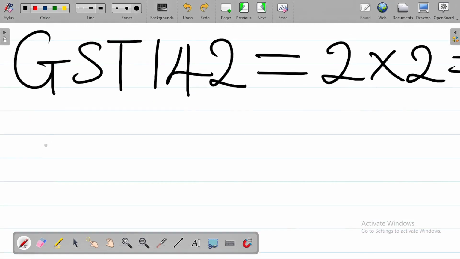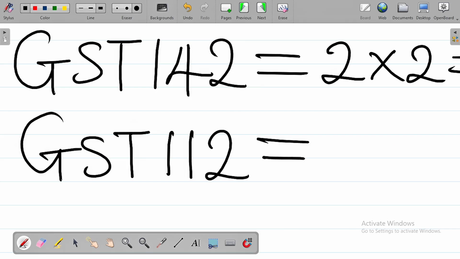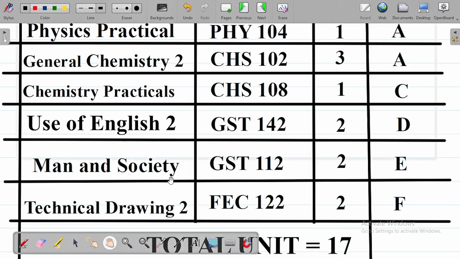All right, let's consider the next course, which is GST 112. Let's confirm the point and unit. GST 112 is Man and Society, and it is a 2-unit course, and the student has E in the course.